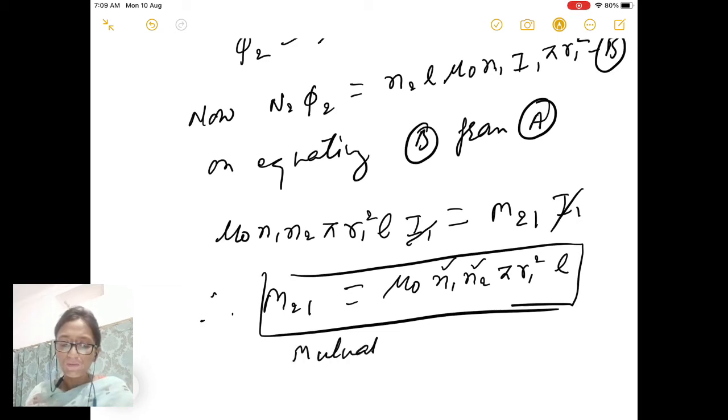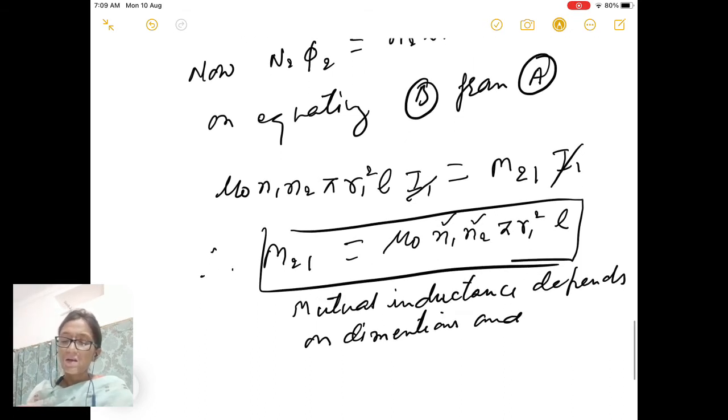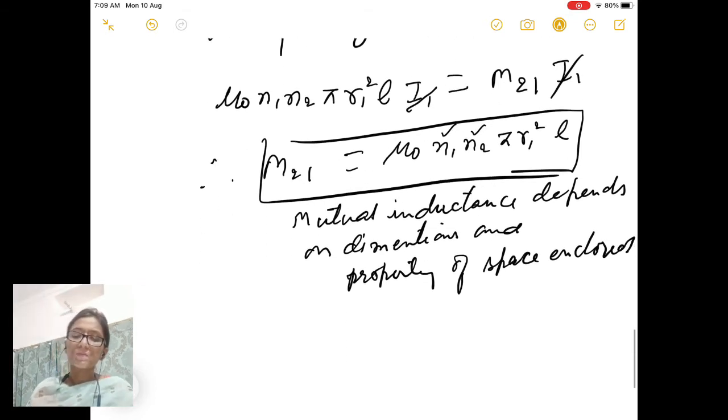Mutual inductance depends on dimensions and the property of the space enclosed. If in place of air you have another medium, then this mu naught will be changed to mu.